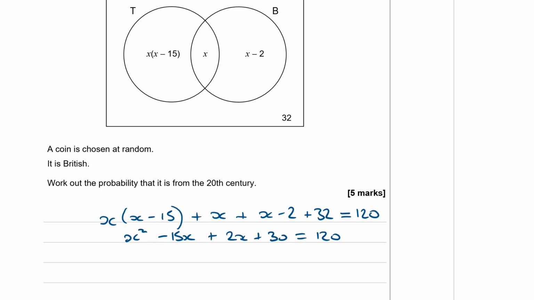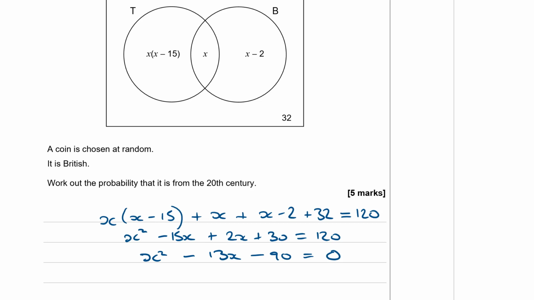So x squared minus 15x plus 2x is x squared minus 13x, and bringing the 120 over to this side as well, 30 minus 120 is minus 90, equals 0. So we end up with a quadratic that looks like this: x squared minus 13x minus 90 equals 0.